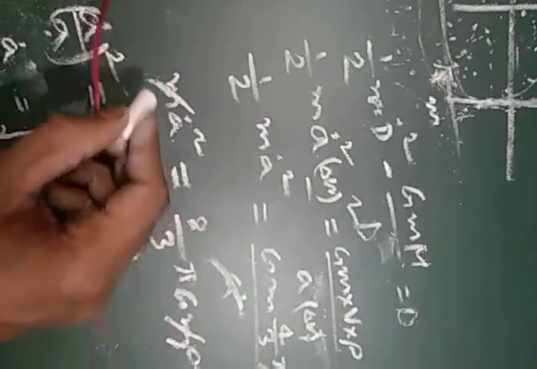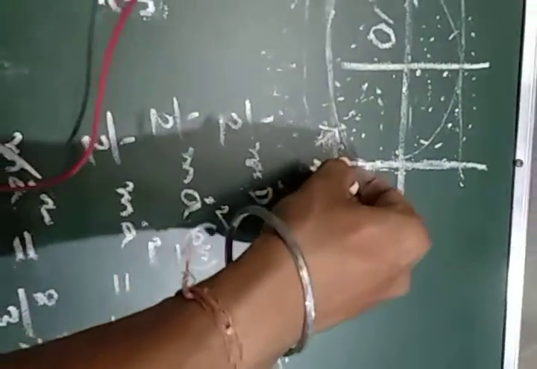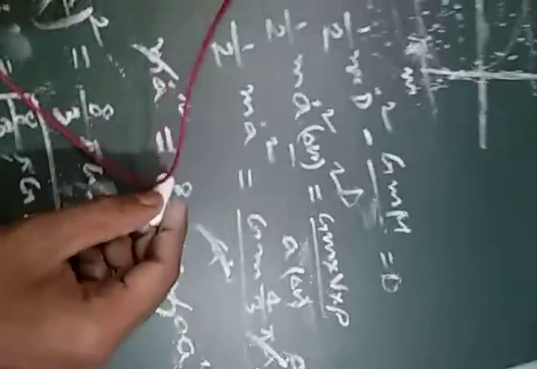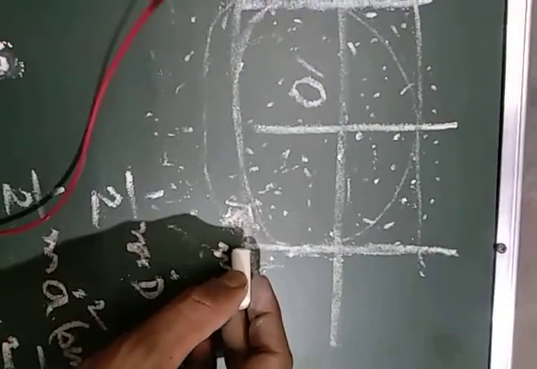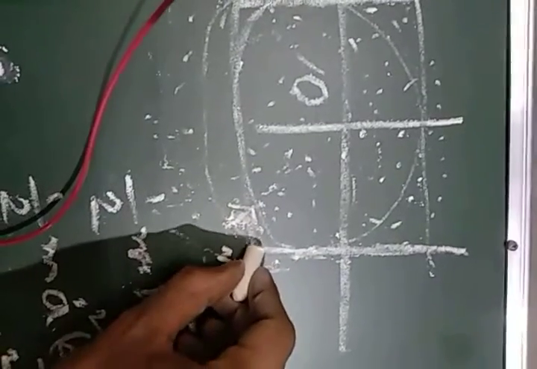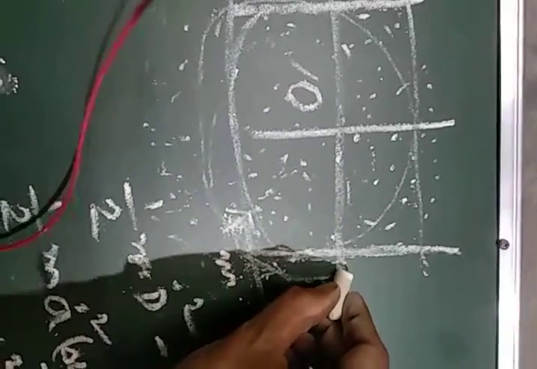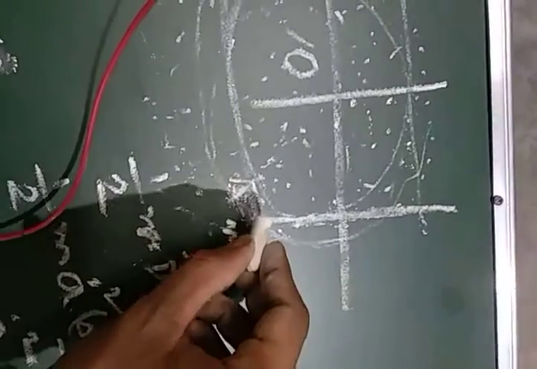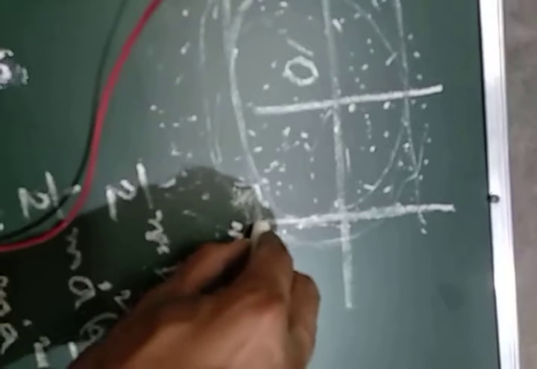Now we can cancel the mass of the small body which is concentrated over here. You must say that the mass is constant. This mass is placed over here. Why don't you consider a circle like this? Rather, you are considering this distance, which is the diagonal.